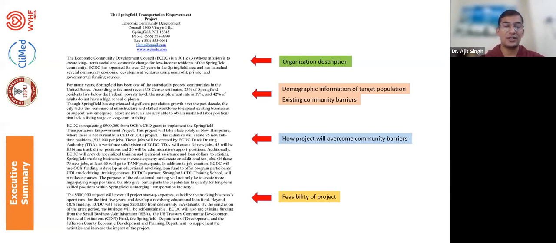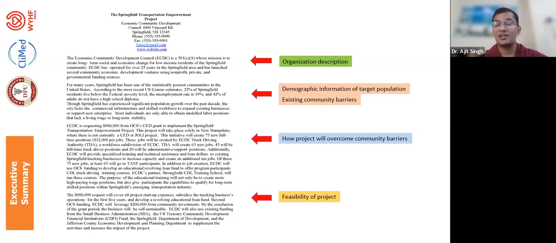The $9 million request will cover all the project startup expenses, subsidize the trucking business operations for the first 5 years, and develop a revolving education loan fund. Beyond OCS funding, ECDC will leverage $2 million from community investments by the conclusion of the grant period, and it will be self-sustainable.